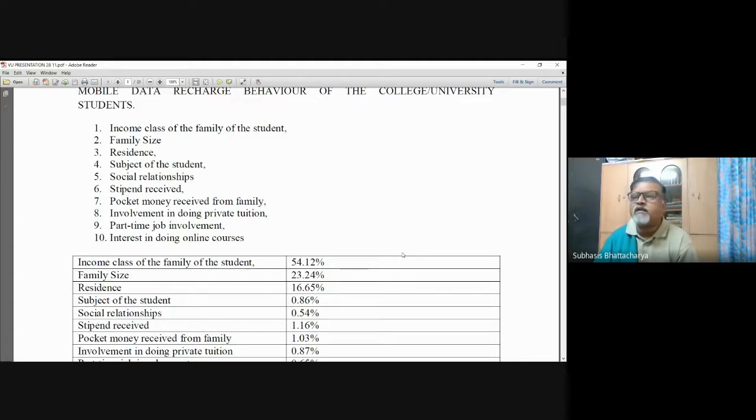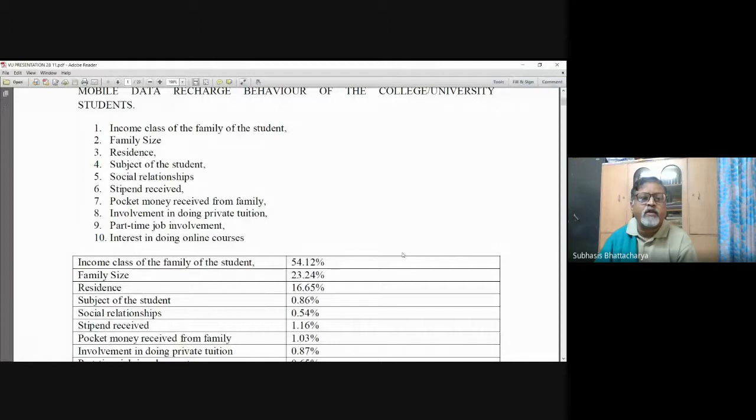The student in journalism is bound to use more data because of a lot of information. I am not saying that Sanskrit has no information, but compared to Sanskrit, journalism has a lot of information on the web. So number 5 is social relationship.